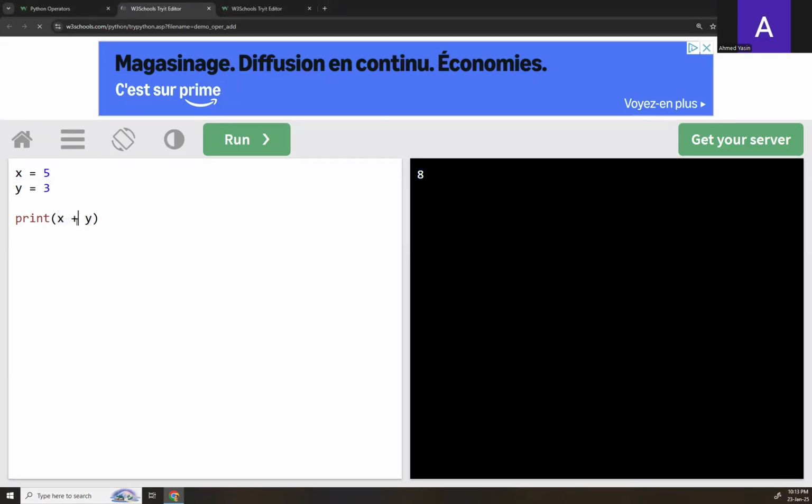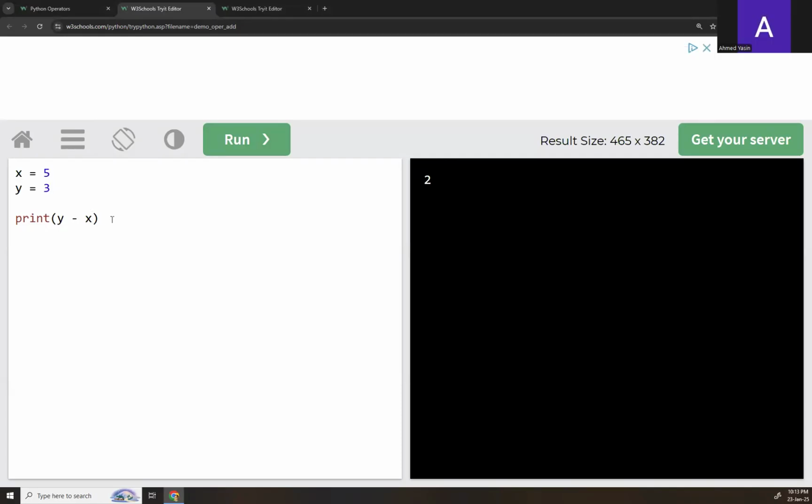And if I put a minus sign here, it's subtraction, so it will become 2. And what if I place y here and x here? Isn't that still going to make 2?